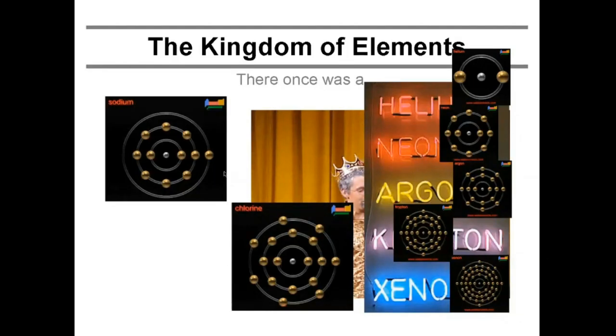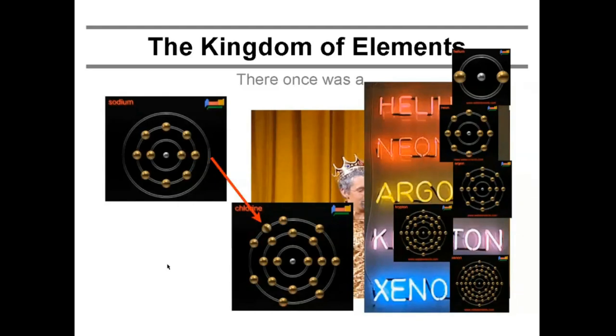As they contemplated back and forth, they came up with a brilliant idea. Sodium said, look, I have only 1. If I gave the 1 to you, you would look like argon. I lose 1, and then whatever is left, I'm looking like neon. Wow, let's make this exchange. And this is exactly what they did.